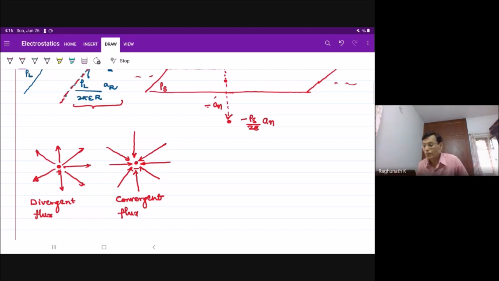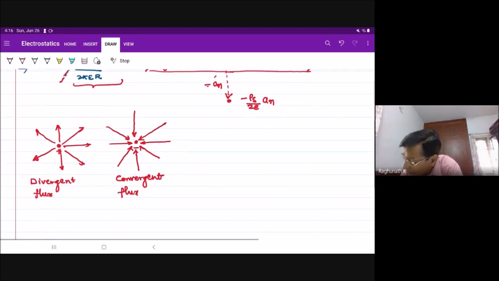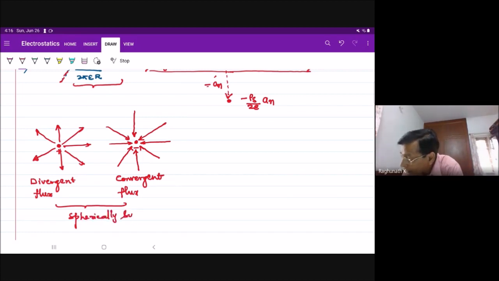If you can see, both have spherical symmetry. You agree with this? Spherically symmetric. If you consider a sphere of radius r having the charge at its center, at each and every point on it, the flux density is same.